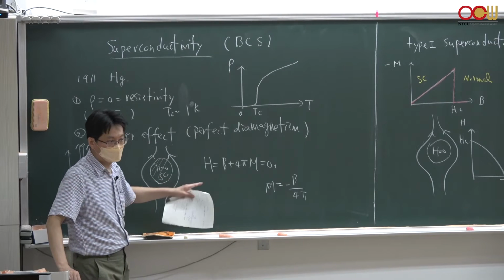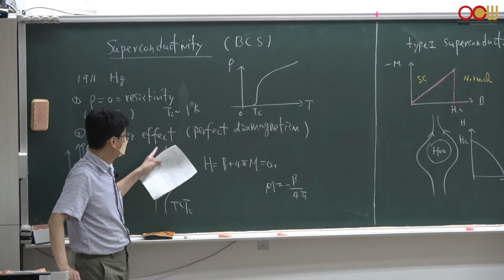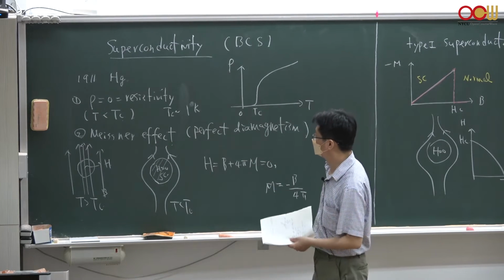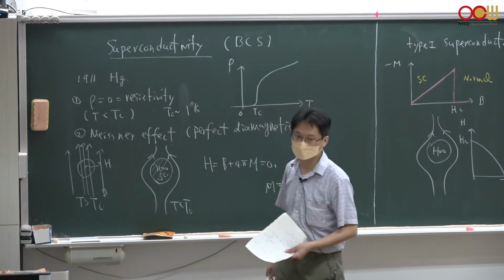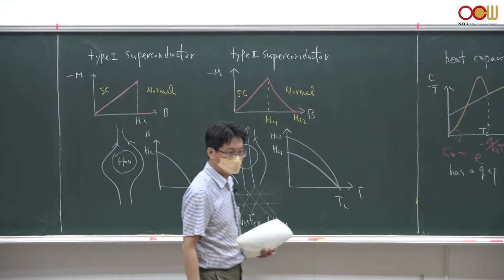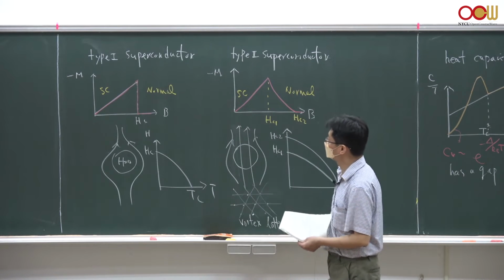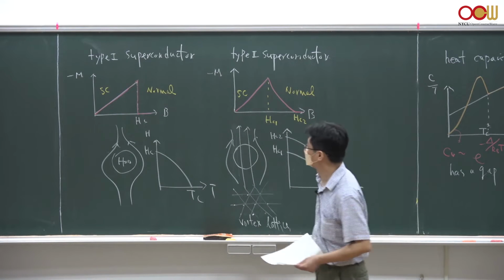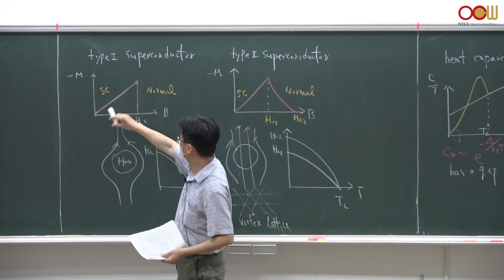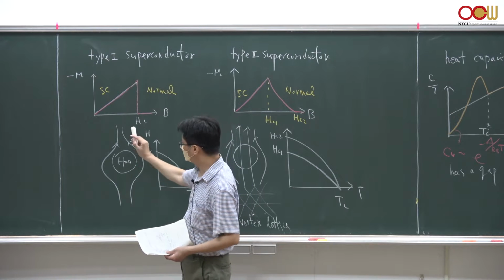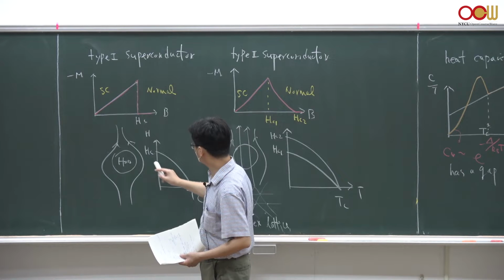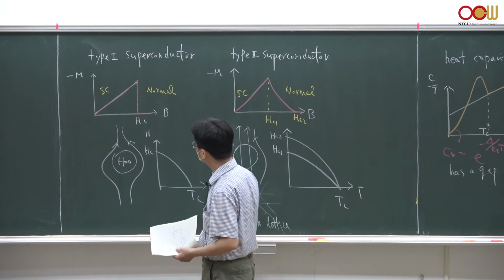We'll see later that this Meissner effect is actually more fundamental than the zero resistivity in the superconducting state. And we note there are two types of superconductors that we can find for ordinary metals. One type is called type 1, where you get a perfect Meissner effect, or perfect diamagnetism, for T below Tc.